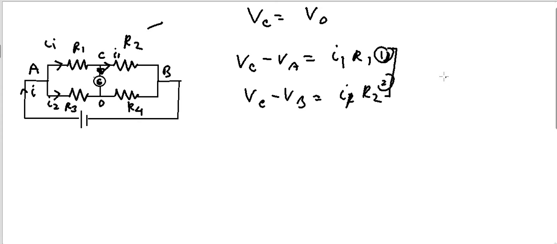So VC minus VA divided by VC minus VB will be equal to, I1 will get cancelled, so R1 by R2.